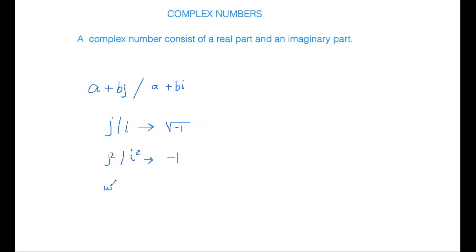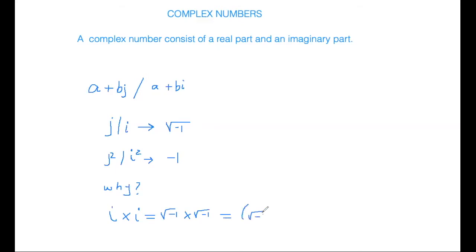How is it that it's negative 1? Why? You ever think of it? Why is i square or j square negative 1? Well, let's look at it. If I say that i square is i times i, where i represents the square root of negative 1, so I'm multiplying the square root of negative 1 twice, because i times i will be i square.